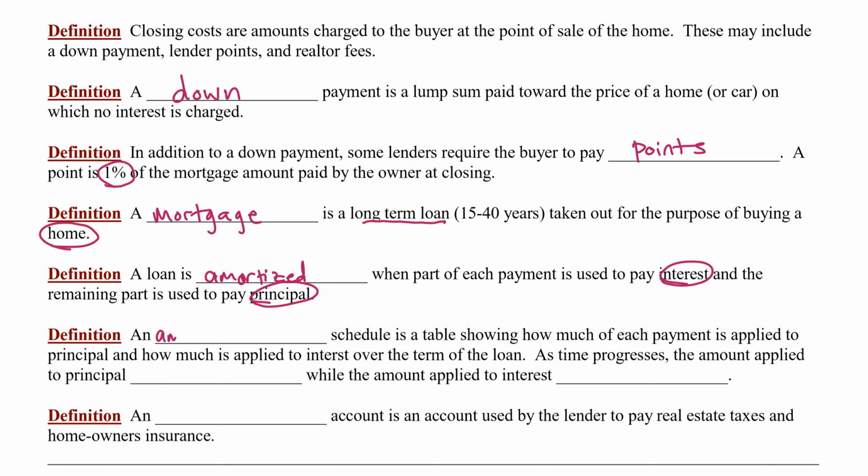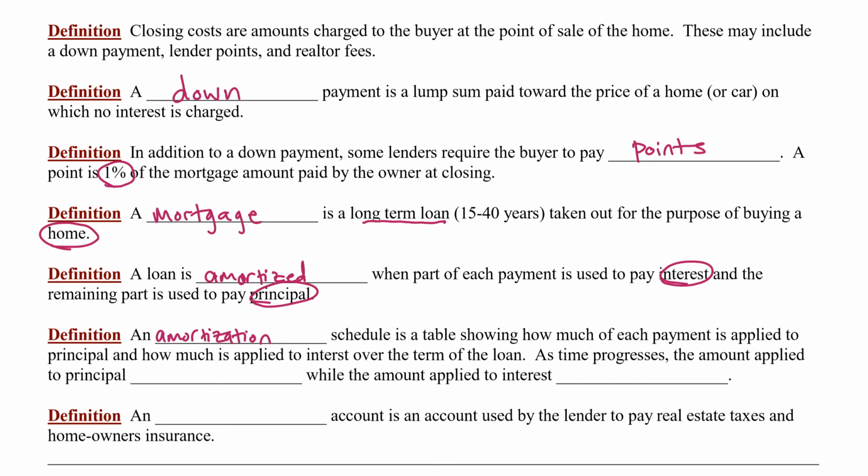Now, an amortization schedule is a table showing how much of each payment is applied to principal and how much is applied to interest over the term of the loan. Oftentimes at closing, the lender will give you a complete amortization schedule. That is, they show you a table of every payment that you will make on that home and exactly how much will go to interest and how much will go to mortgage each month.